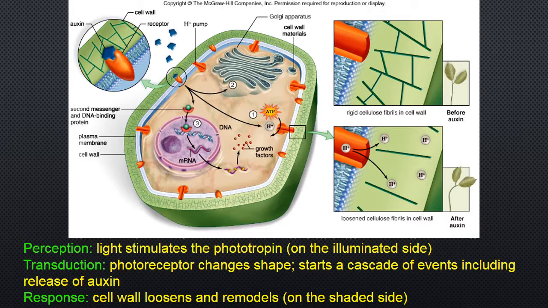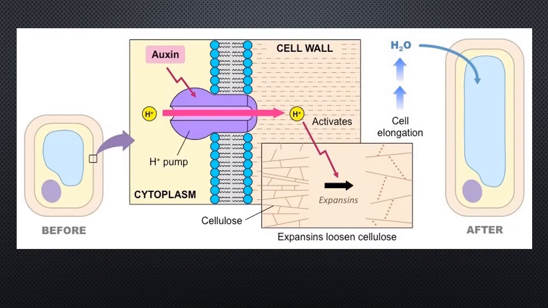So the response is that the cell wall loosens and then remodels on the shaded side of the plant. This is something I've already shown you, but just as a reminder, this is on the side away from the light, where we'll have the concentration of auxin being the highest.